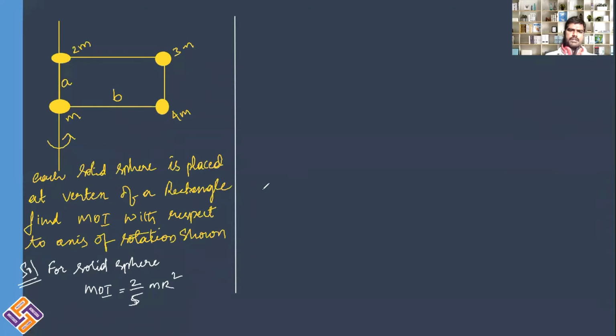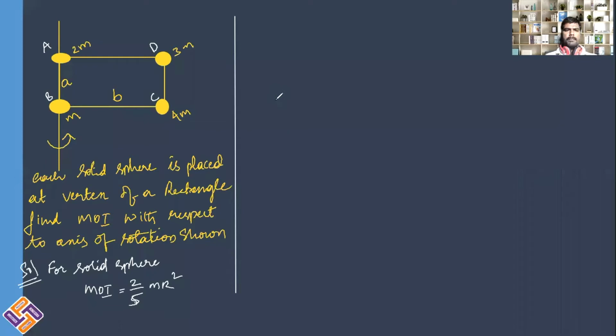So each mass is given, and the radius of those masses, let us consider it as r. Now I want to calculate the moment of inertia with respect to this axis. I am considering this as A, this as B, this as C and this as D.